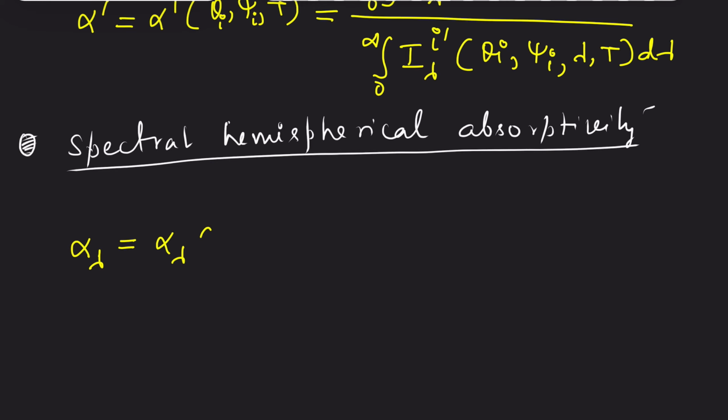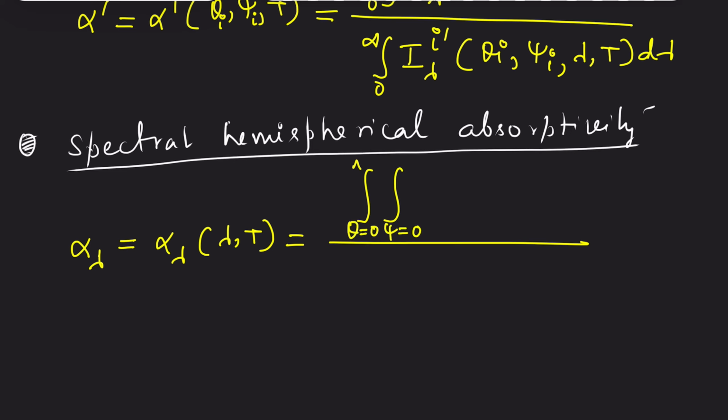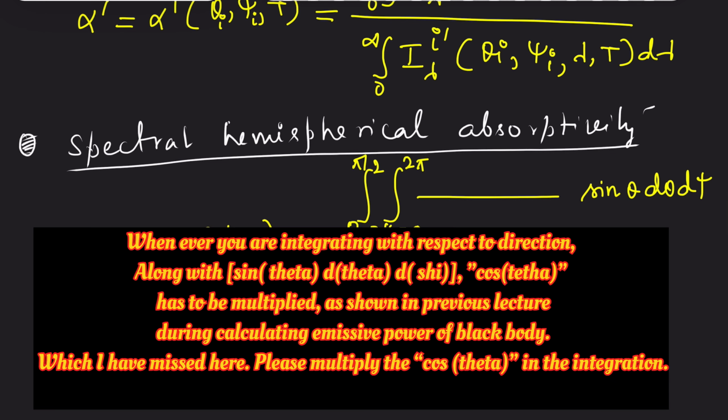It will be a function of only lambda comma t, and I am not writing the thing again, but it will be integrated with respect to theta and psi, 0 to pi by 2, 0 to 2 pi. The same thing with respect to sine theta d psi. Here also theta psi 0 to pi by 2, 0 to 2 pi, same thing sine theta d psi.